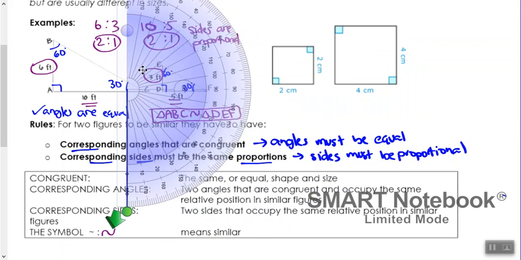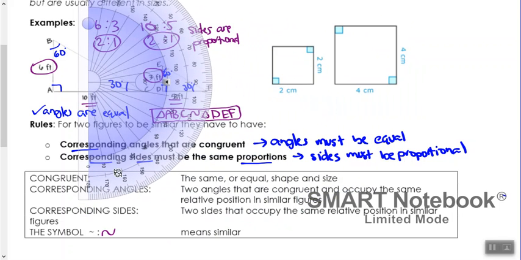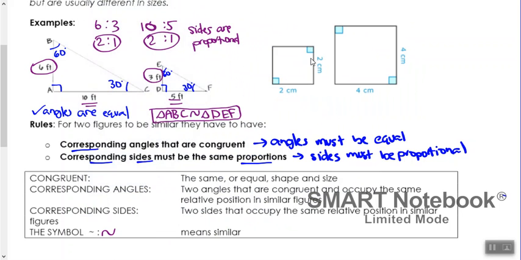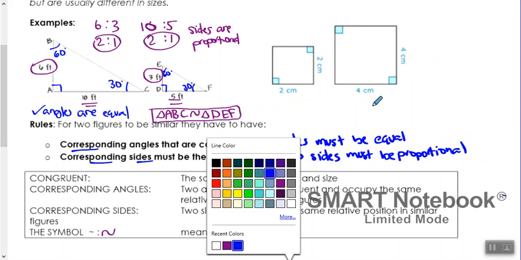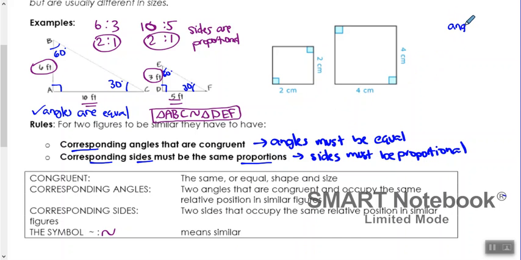Taking a look at the squares here. So all squares are going to have 90-degree angles. So I already know my angles are going to be okay. So my angles are equal. Right? So let's just take a look at our sides. So this side is a 2 to 4 ratio.